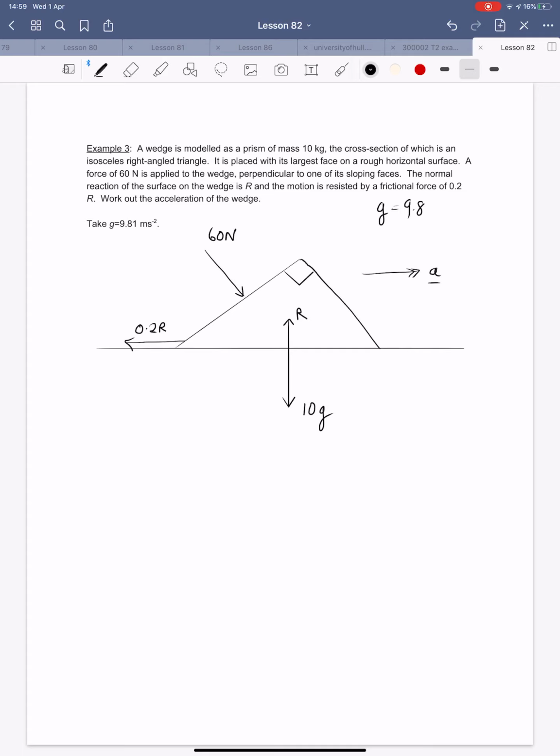If this is an isosceles right-angled triangle, it means that those angles are both 45 degrees, because the angles have to add up to 180, and one of them is 90, so the other two have to add up to 90. Isosceles means you've got two equal angles, so they've got to be both 45 degrees.